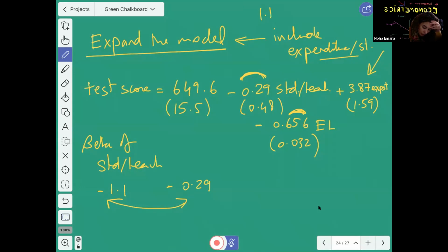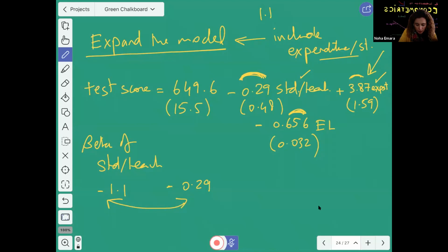So you need to think, okay, it might be the case that this impact was absorbed in here. It might be the case that these two variables are correlated with each other. So I need to make sure that I don't have a collinearity issue here. I'm not saying it's a violation of the OLS assumption, because OLS said perfect multicollinearity.